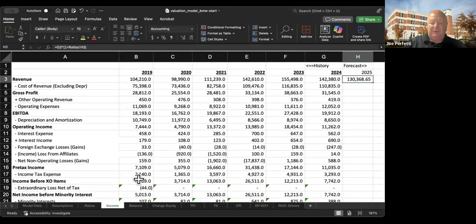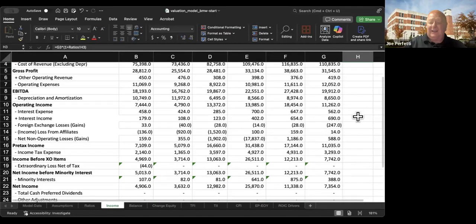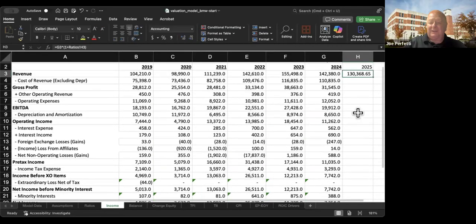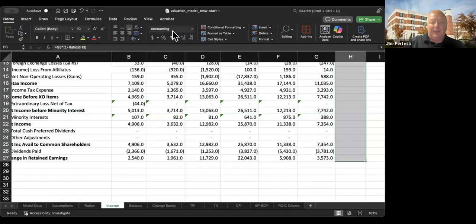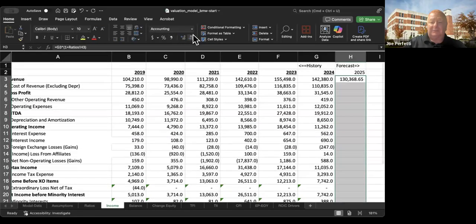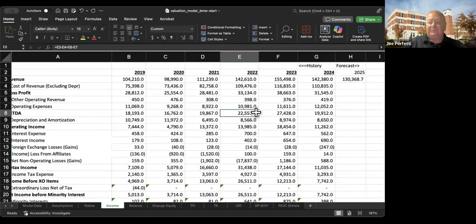So if BMW were to shrink another 8.4%, then its forecast for 2025 revenue would be about 130,368.65 million euros. Just to keep everything formatted the same, I'm going to select from this cell all the way down to the bottom and format that comma with 1 decimal place, to be consistent with the rest of the spreadsheet.